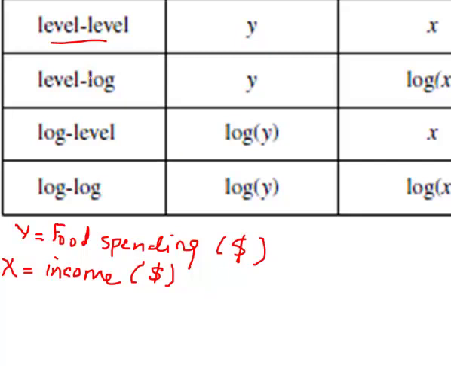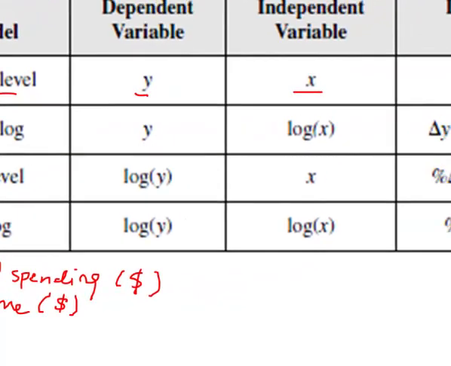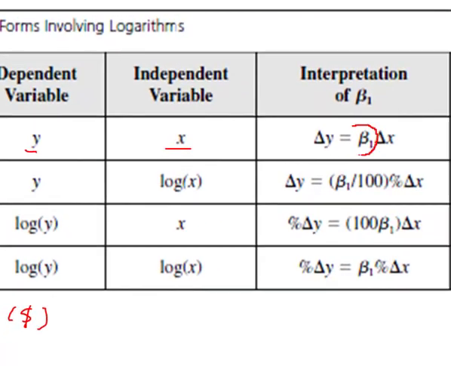Now, when both income and household spending on food are in their own values, that is dollars, then beta 1, which is right here, gives you the impact of a unit change in income on food spending. It means, what would be the impact of a dollar difference in your income? If your income increases by $1, how much more will you be spending on food? Now think about it.